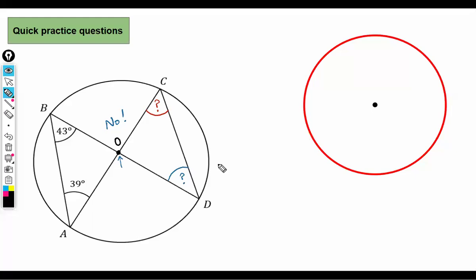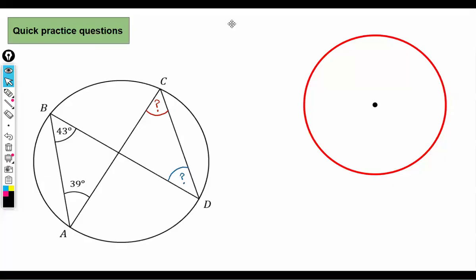You cannot assume that, okay? So do me a favor, see if you can find the red angle and the blue angle for me, and tell me which rule you used. This is actually rule 1 in disguise.